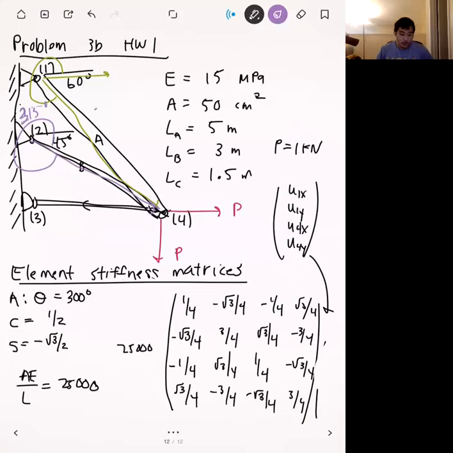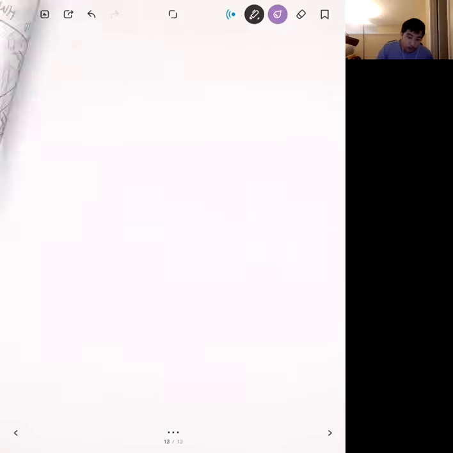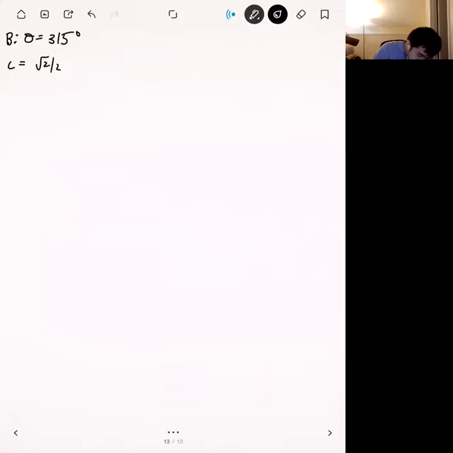So let's use that angle for element B: theta is equal to 315. The cosine of 315 is going to be root 2 over 2, and the sine is going to be minus root 2 over 2.